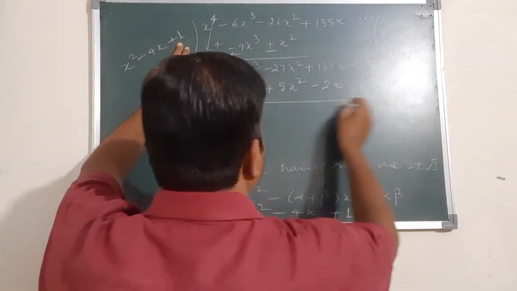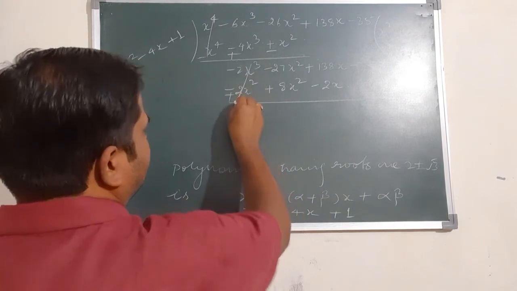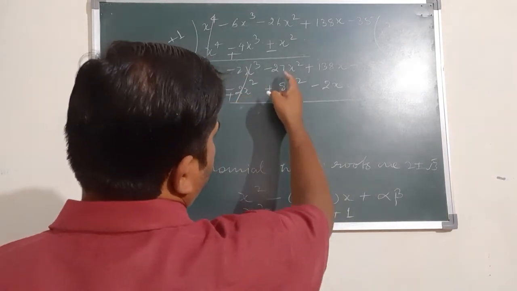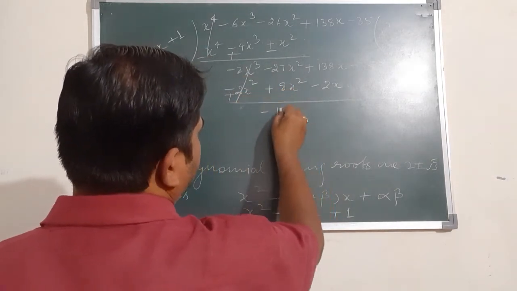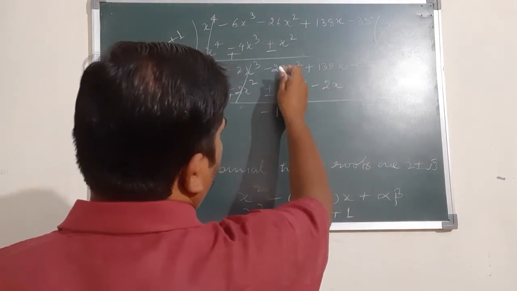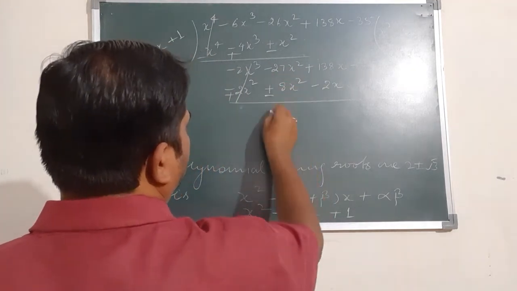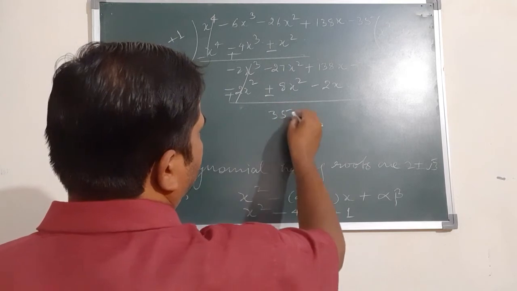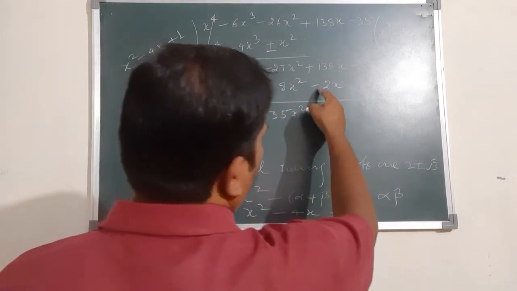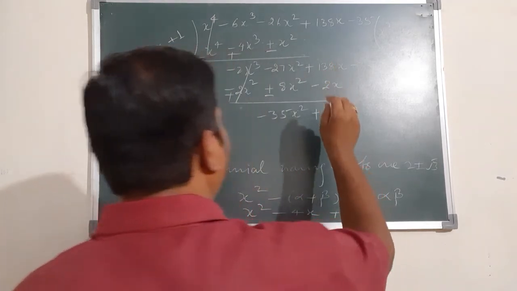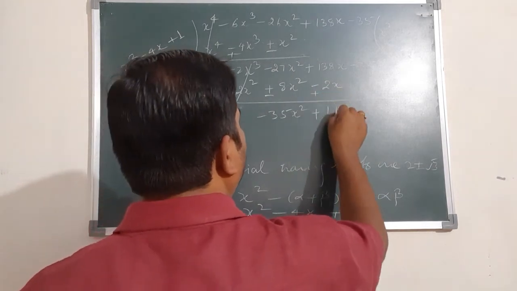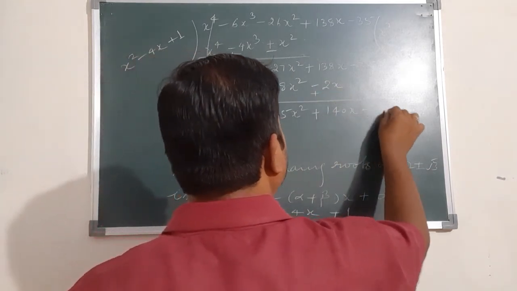And this cancels out, and this is minus 35x square plus 140x minus 35.